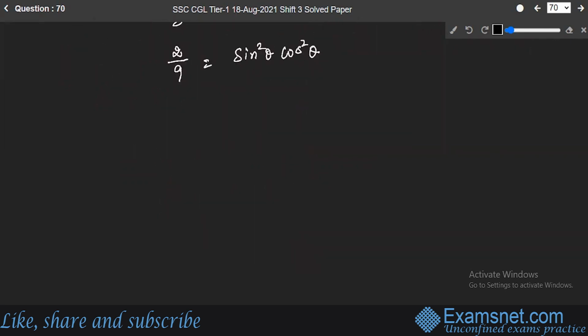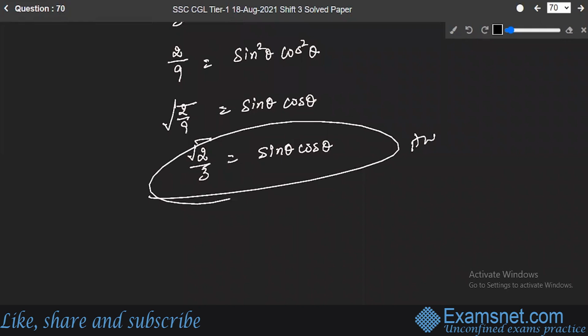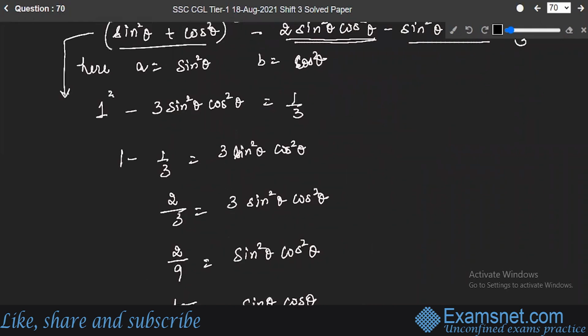Square root on both the sides will give you root 2 upon 9 is equal to sine theta cos theta, which is equal to root 2 by 3 is equal to sine theta cos theta. This is your answer. Let's check with the options.